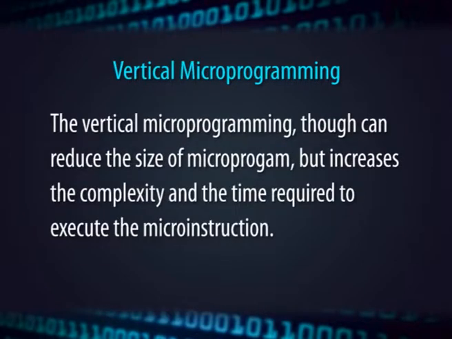Vertical programming, though, can reduce the size of the program, but increases the complexity and time required to execute the micro instruction. Let us consider the example of a macroprogram having p instructions of size n bits with only x number of valid n bit combinations.